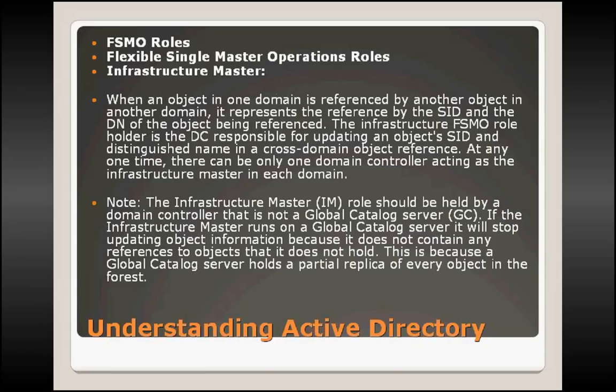And there is also one other reason why it should not be there. Whenever a cross-domain reference happens, it will confirm the SID with the global catalog server and confirm the group membership. Suppose you are part of a group that is in another domain, and whenever you try to log in, it wants to make sure that your group membership is confirmed.